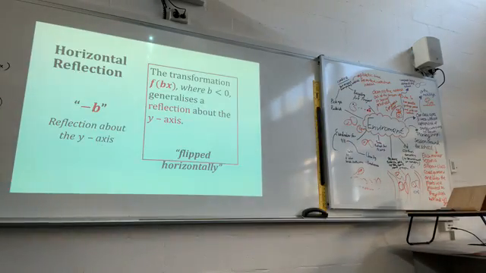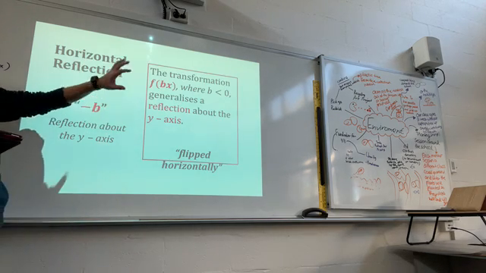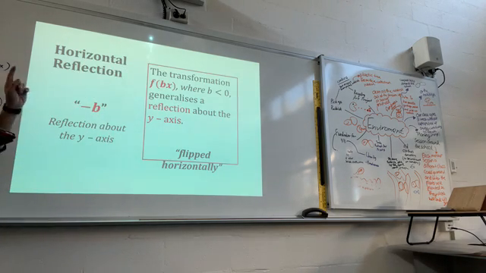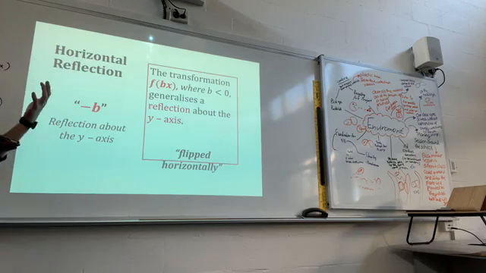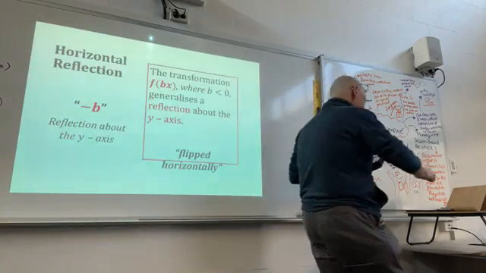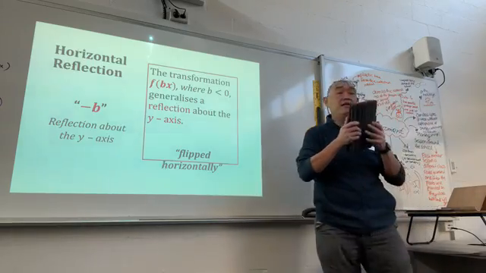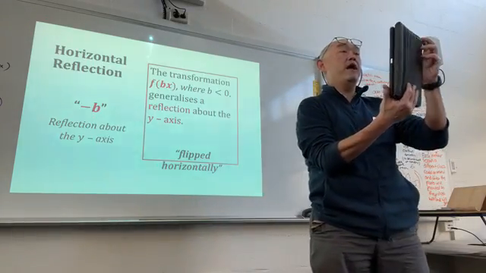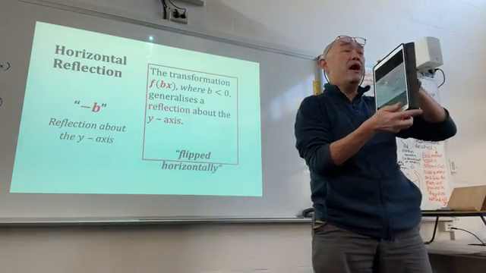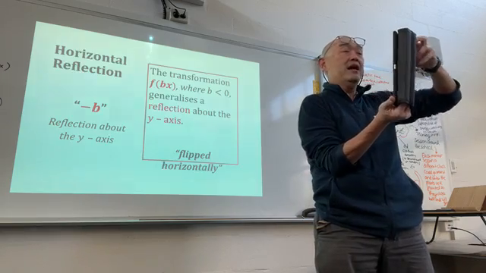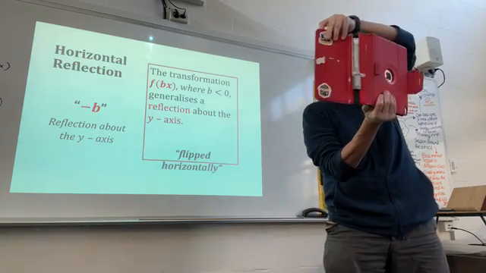So now, let's think about the horizontal reflection. The transformation f(bx) when b is less than 0 generalizes a reflection about the y-axis, which means it's flipped horizontally. All right? So if you think about it, look at my iPad. What would happen is, if I've got something like this, I'm going to flip that way.